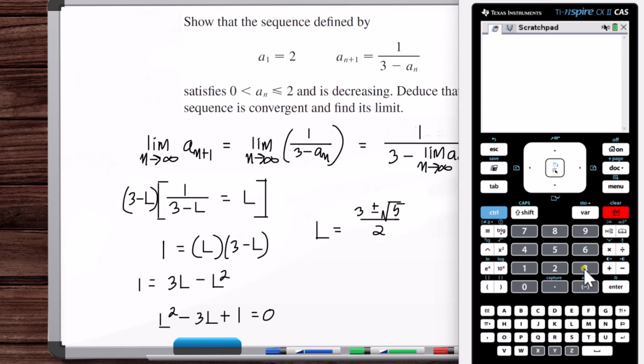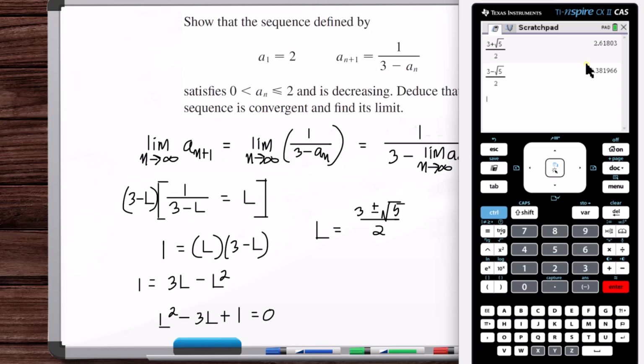So we had 3 plus root 5 divided by 2 and 3 minus root 5 divided by 2. We're bounded above by 2, so it can't be this. And we're bounded below by 0. At least we haven't proven what we're bounded below by, but we're definitely bounded below by at least 0.